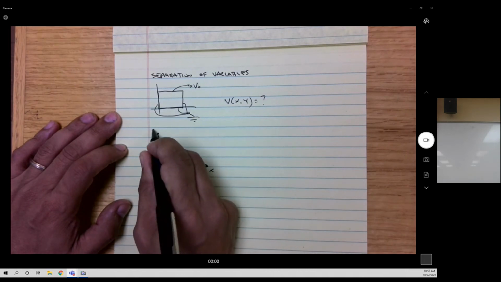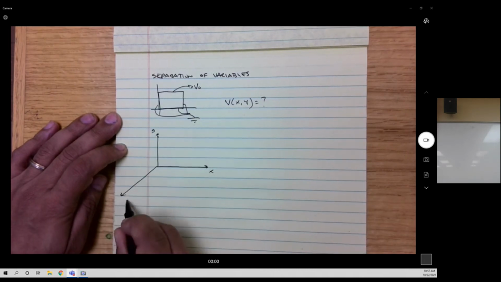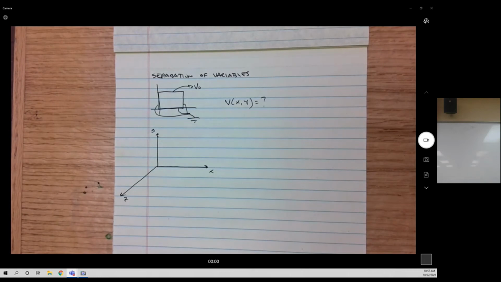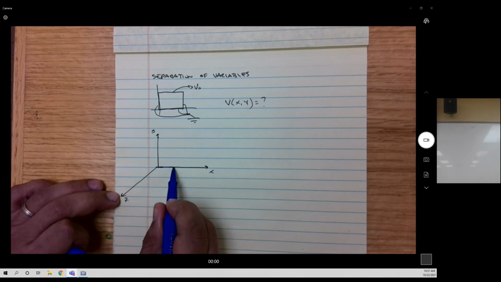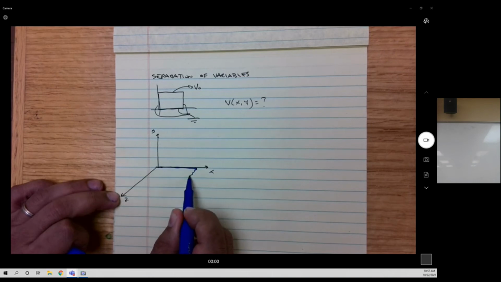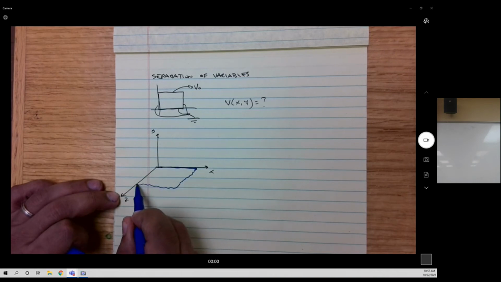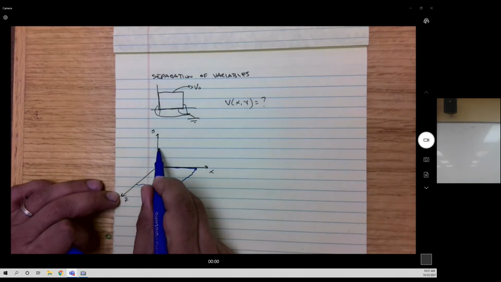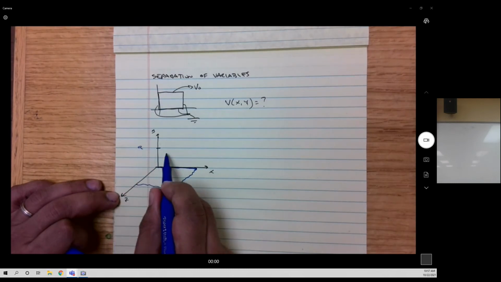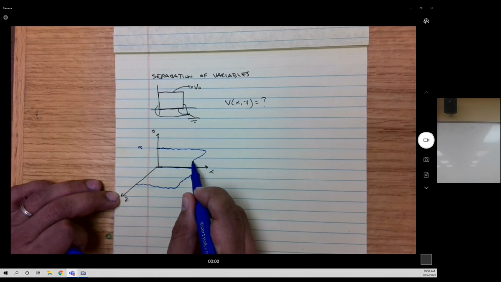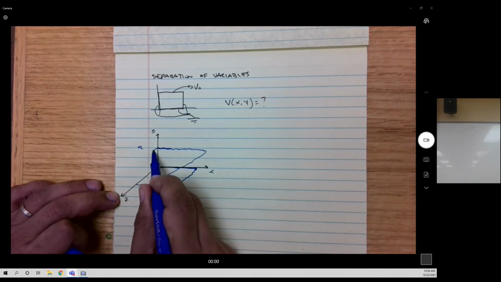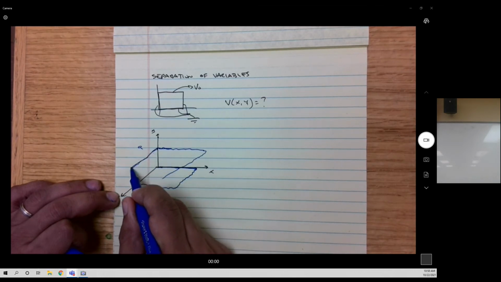X, Y, I have Z. And I'm going to assume that I have two plates. One plate is going to be here, and they're infinite plates. And the other one is going to be at a height A. Something like this.